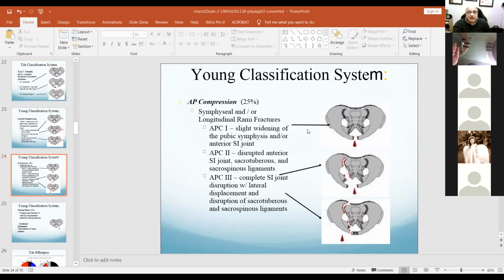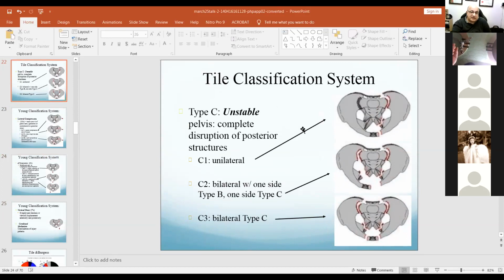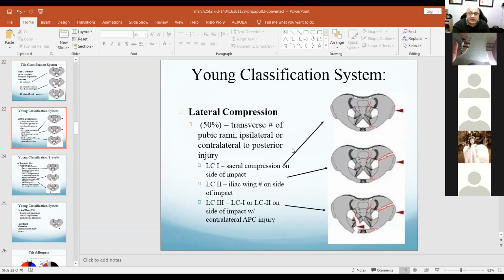So if you have a vertical compression fracture, how will you manage that? It is either stable or unstable. If it's a vertically unstable patient and you've seen him in A&E, how are you going to reduce that?